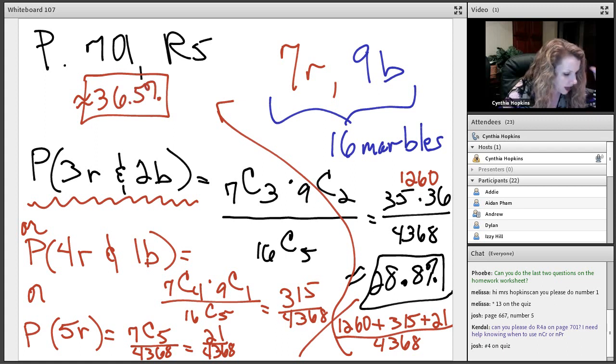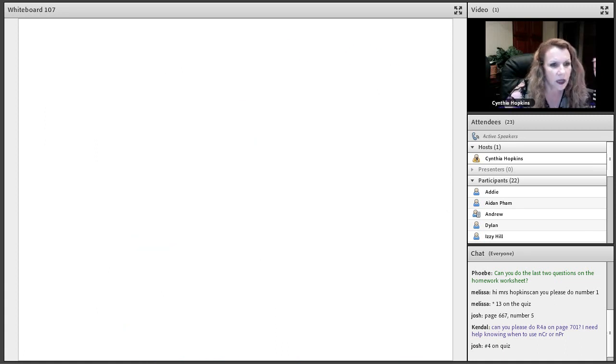Okay, then part B is a whole different situation. So this is R5B now. Okay, so it says Mr. Ree's car has a probability of 0.7 or 70% of starting, and Miss Ree's car has an 80% probability of starting. What is the probability that, and then they ask you a bunch of questions.